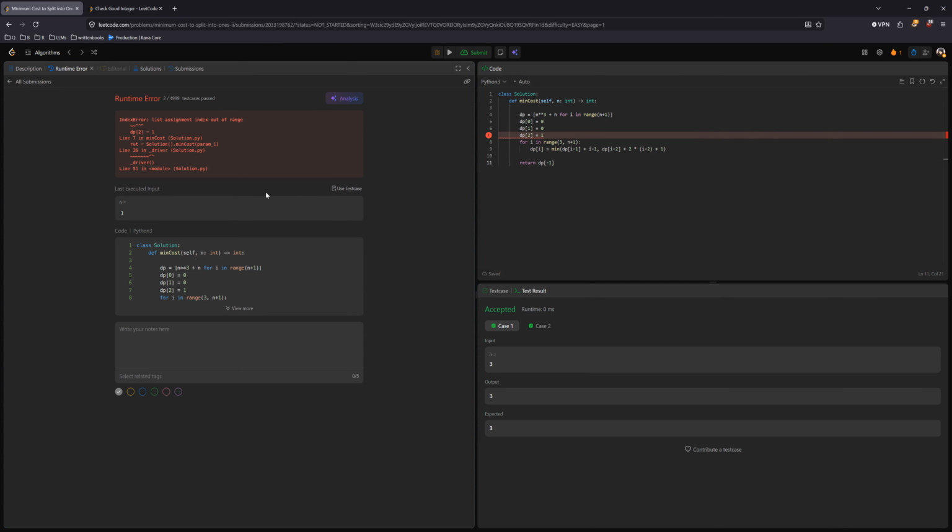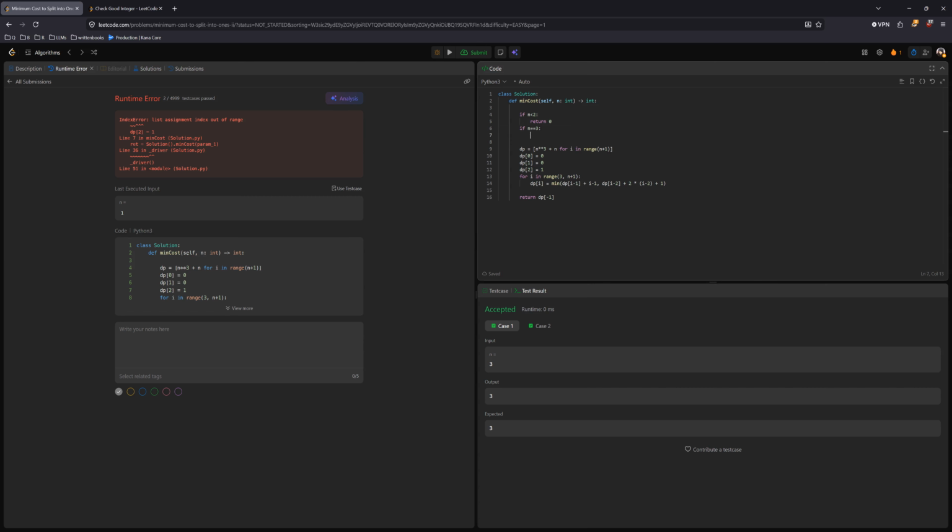List assignment index out of range. All right. If n is lesser than 2, then return 0.